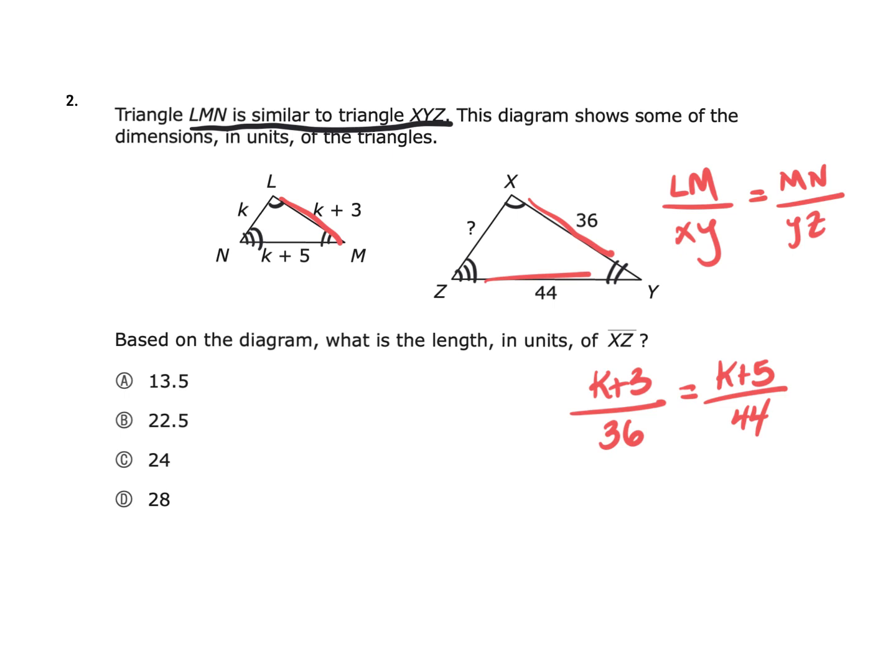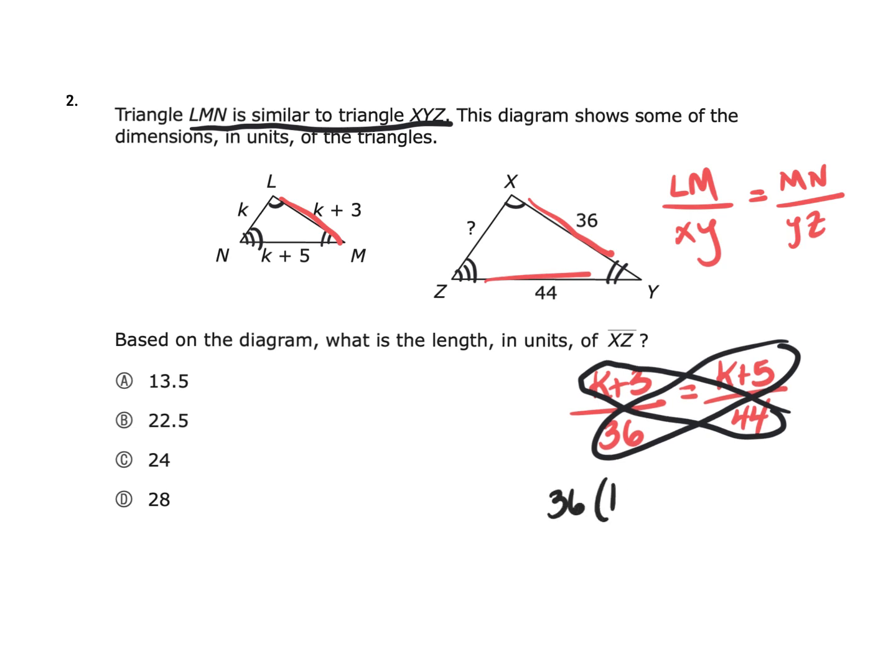Okay. Once it's set up, cross multiply. So we're going to do 36 times K plus 5 equals 44 times K plus 3. Now I put it in parentheses because we have to multiply 44 by both K and 3, and I have to multiply 36 by both K and 5.